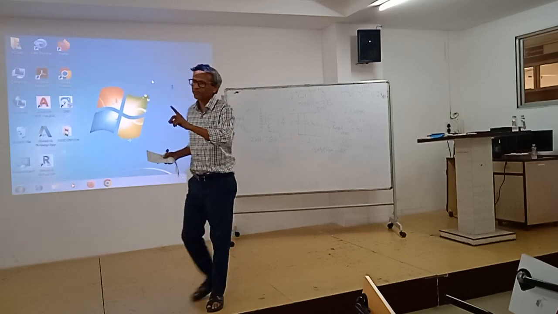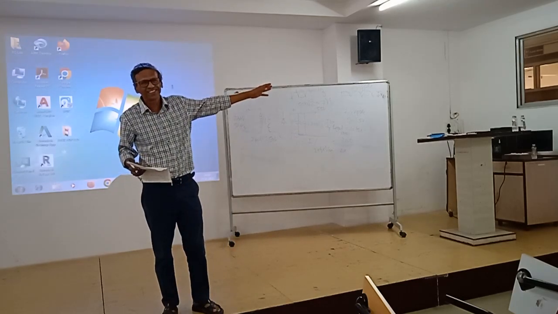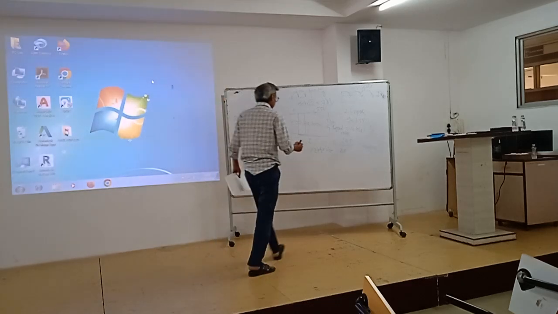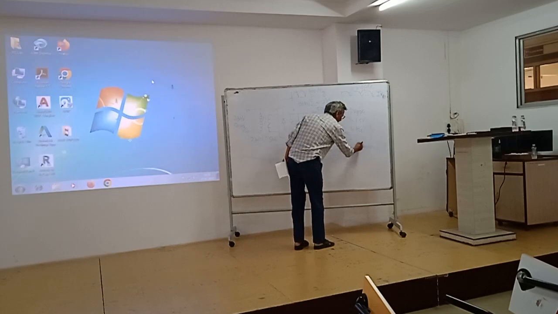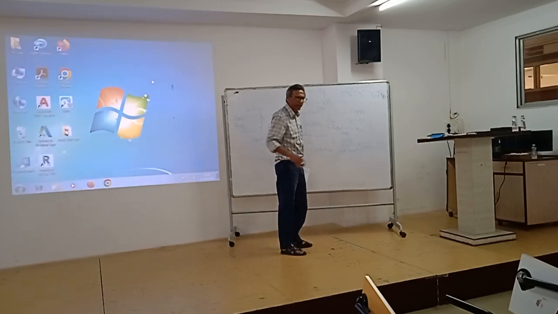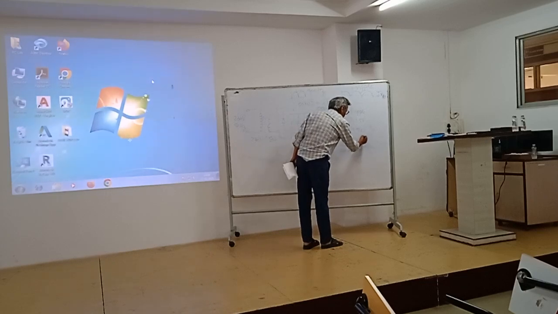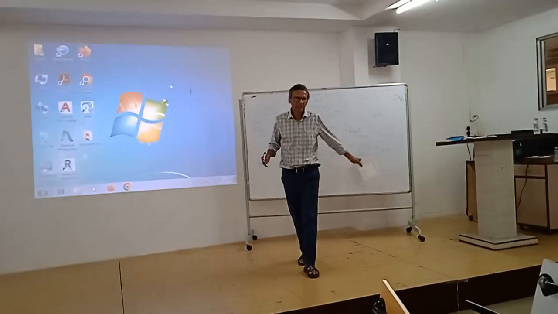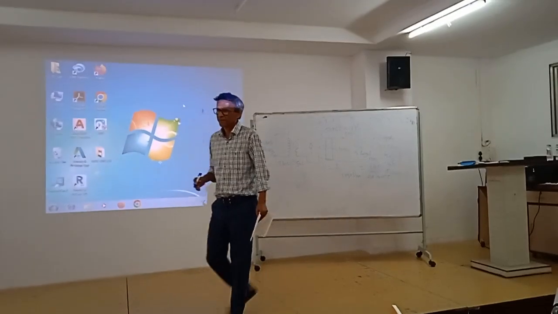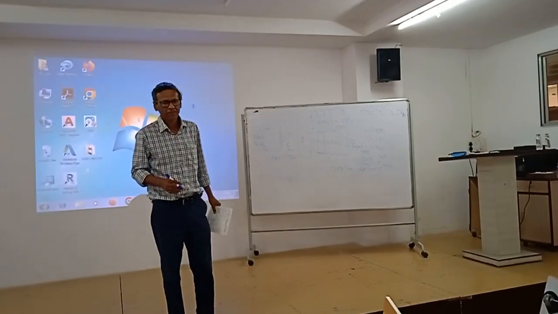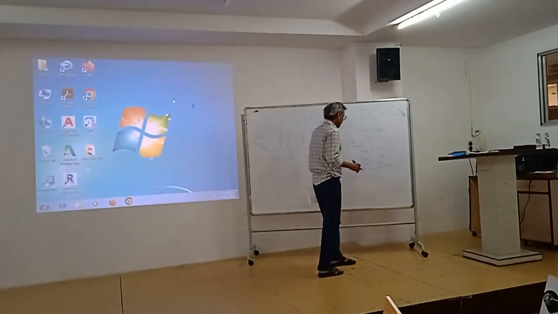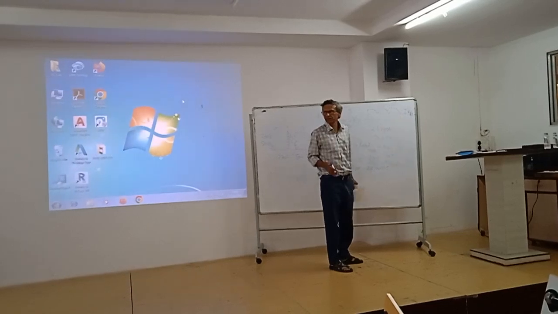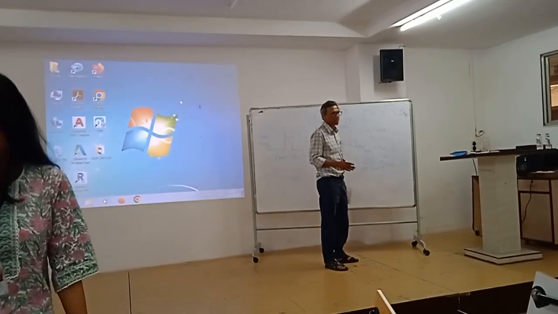Ripple frequency is not 50. Supply frequency is 50. So I will put this 100 into 1.5, and then to convert this into microfarad, I will write here 10⁶. Now tell me, how much is this? It will be a large value. How much is this?